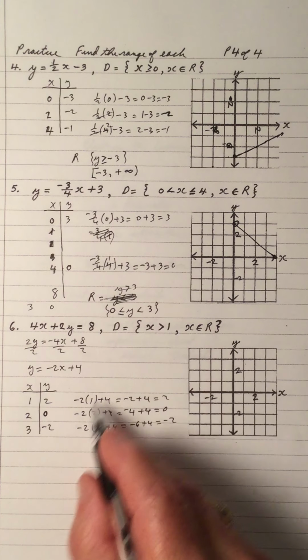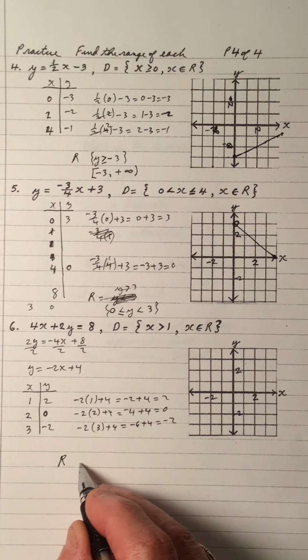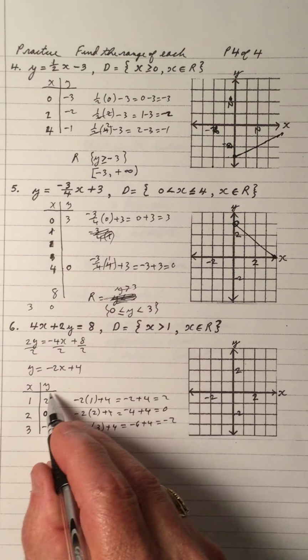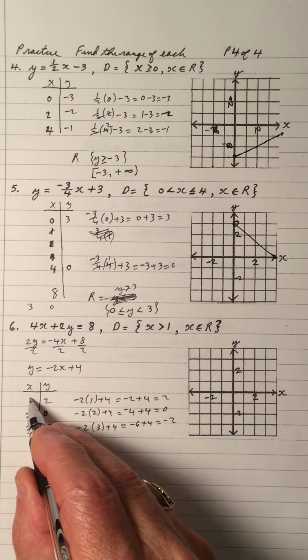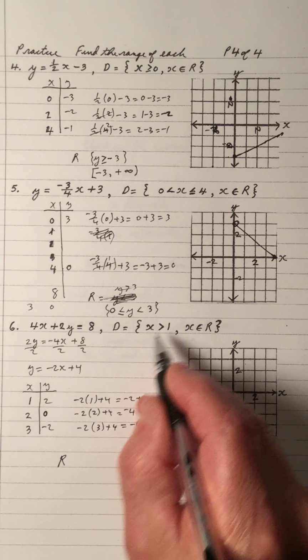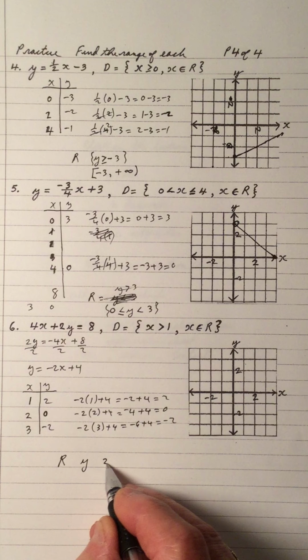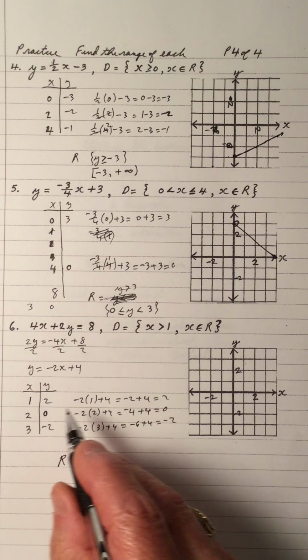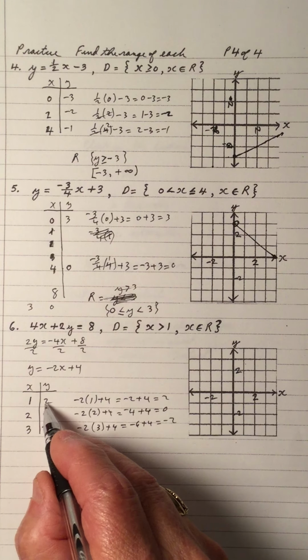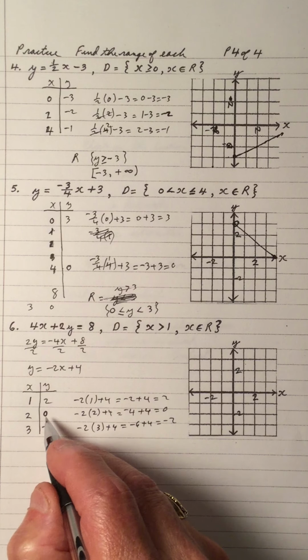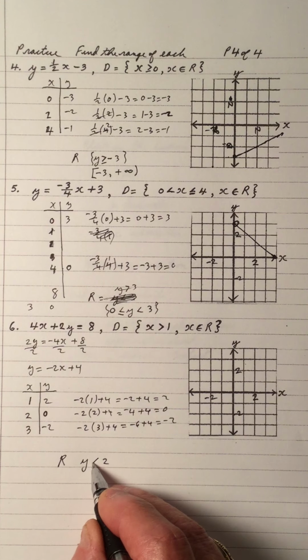So your range is your y values. The y values can't start at 1, so you can't start at 2. So 2 has no equal sign. And the y values are 2, 0, negative 2. The y values are going down, so it's less than.